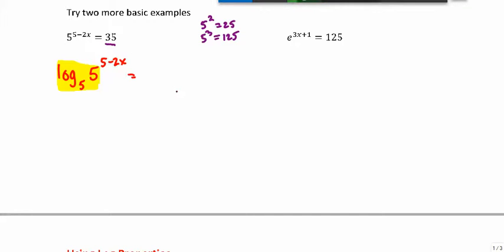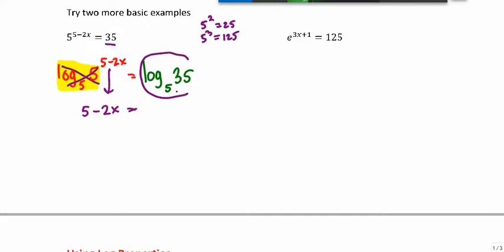The problem is I have to do the exact same math on both sides of the equal sign. So I also have to do log base 5 of 35. But nothing cancels out this time. That's okay, because this does cancel out and this drops down.